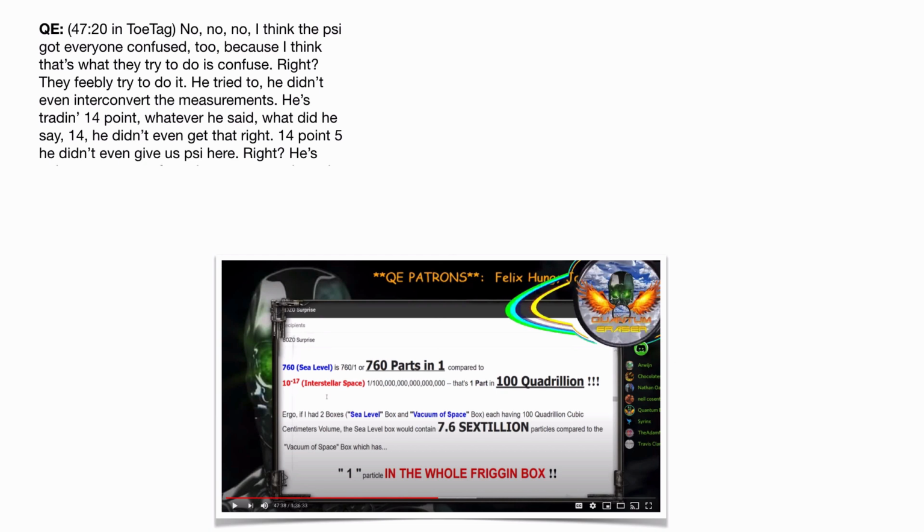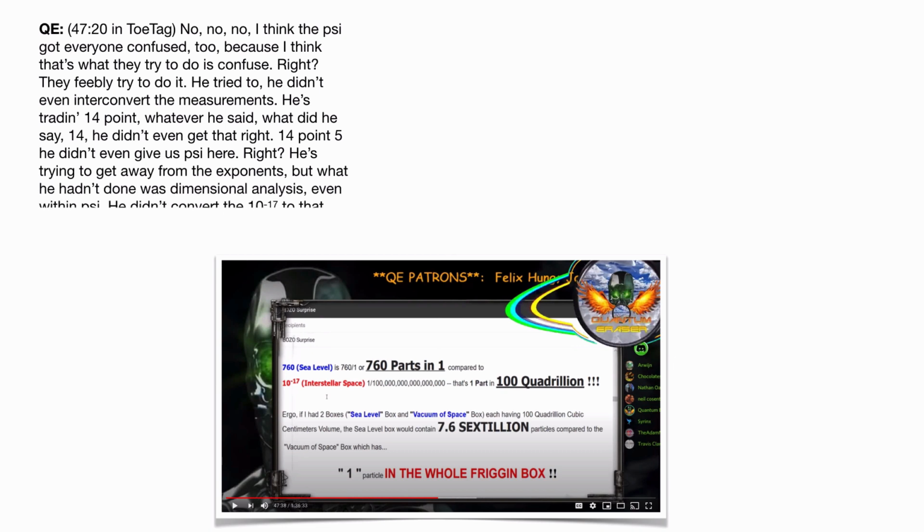He didn't even give us PSI here. Right? He's trying to get away from the exponents, but what he hadn't done was dimensional analysis, even within PSI. He didn't convert the 10 to the negative 17th to that equivalent in PSI. He didn't do that from torr to PSI. That's where he's all screwed up.